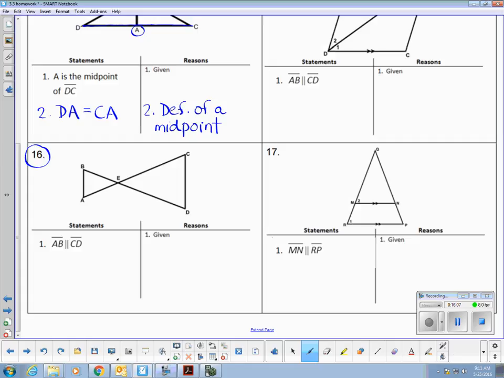In number 16, we have segment AB, and I'm just going to extend this segment, is parallel to segment CD. When we have parallel lines cut by a transversal, then we have alternate interior angles that are formed. So I can now say that angle A is congruent to angle C. Should number these.